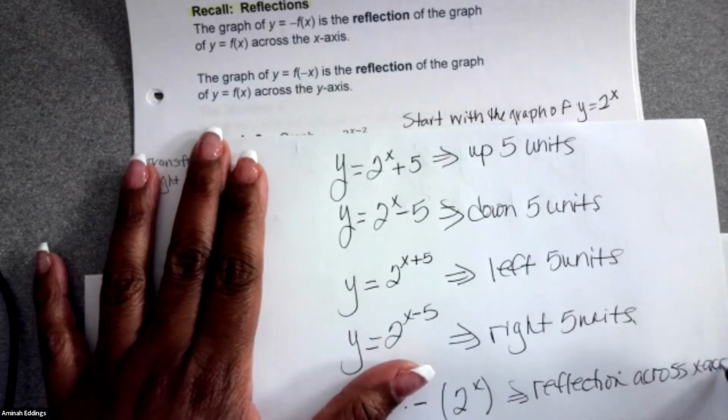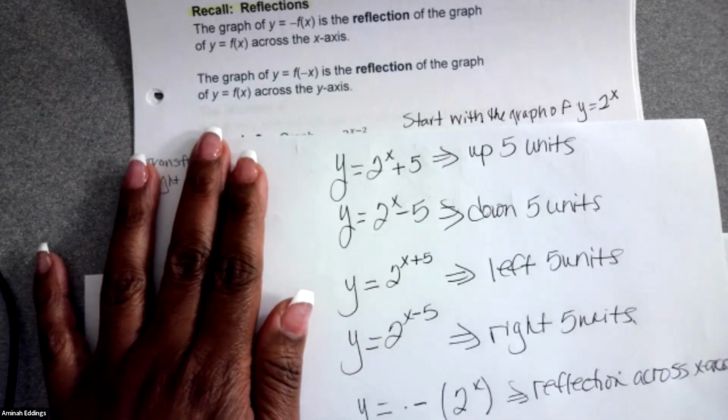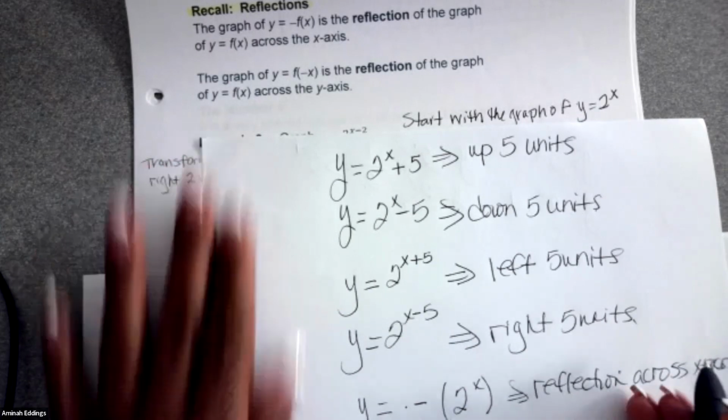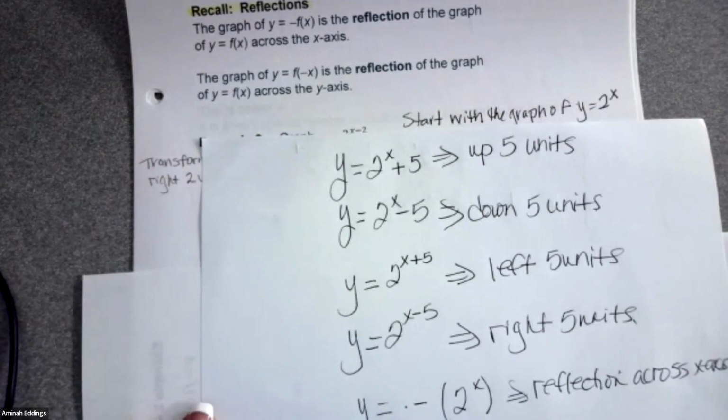And then if we have that negative inside the function, so this is a reflection across the x-axis. And then if we had y is equal to 2 to the negative x, now we're inside the function, we are going to have a reflection across the y-axis. And you saw that occur.